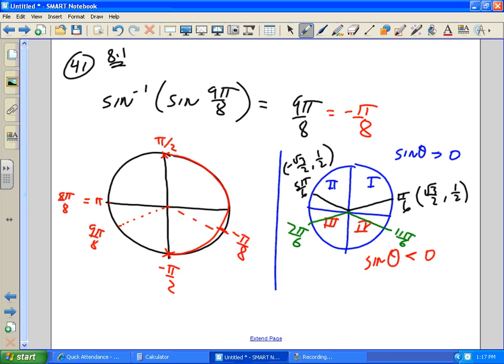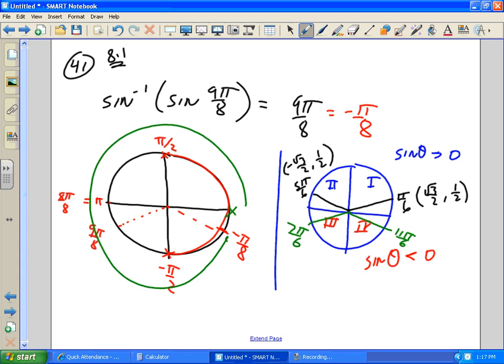So 9 pi over 8, isn't that exactly the same as what angle over here? Well, forget about the negative. That's going in the wrong direction. If you went all the way up to here would be pi over 8.